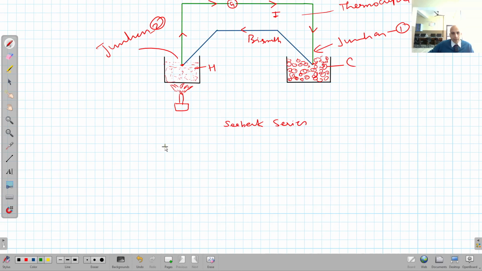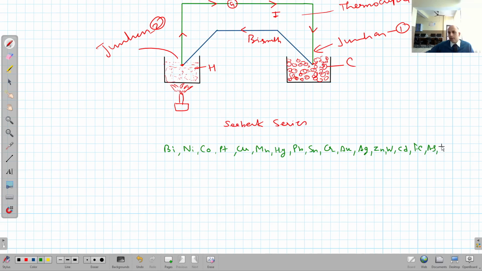You can see bismuth, nickel, cobalt, platinum, copper, manganese, mercury, lead, tin, chromium, silver, not gold, then silver, then zinc, then tungsten, then cadmium, then iron, and then arsenic, and then antimony, right?